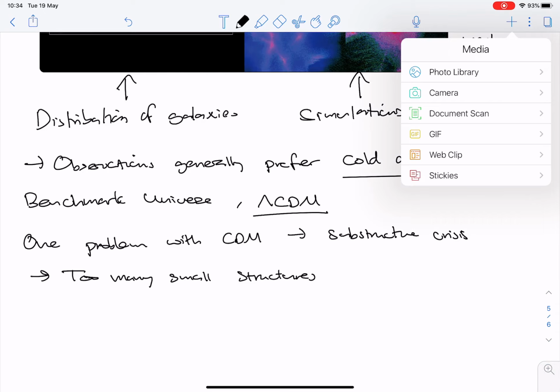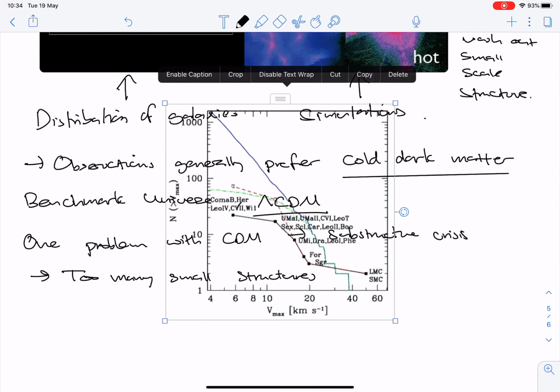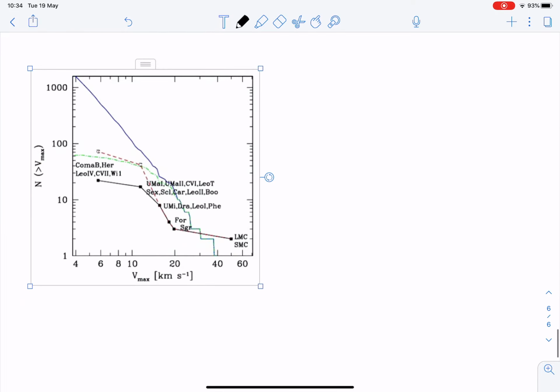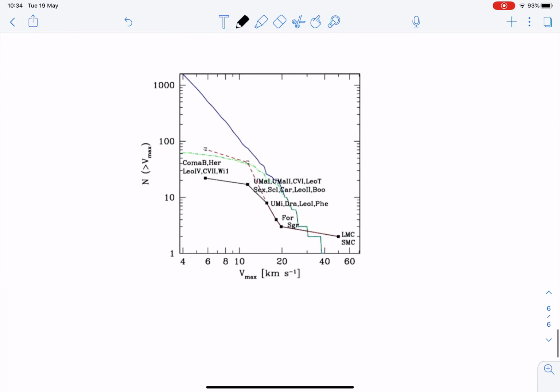So if I insert another photo here, just look at this. This is showing me the velocity dispersion. So V, which is roughly equivalent to the mass, against the number. And so these are local dwarf galaxies, basically, that sit in here. So these are all the observations along this line here. On the other hand, the actual simulations of cold dark matter are up here.